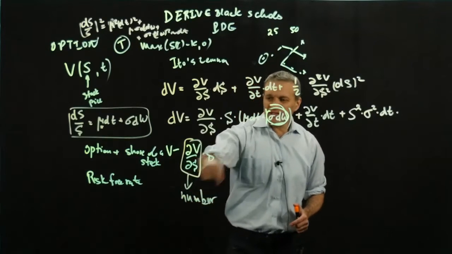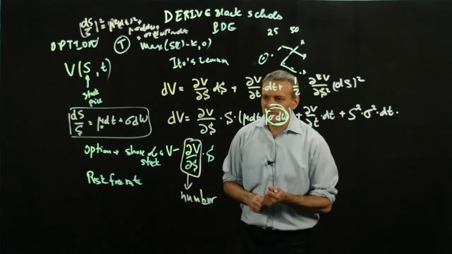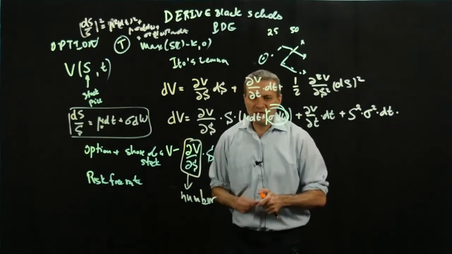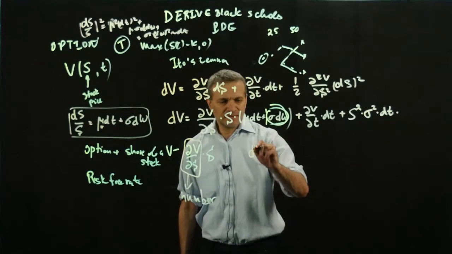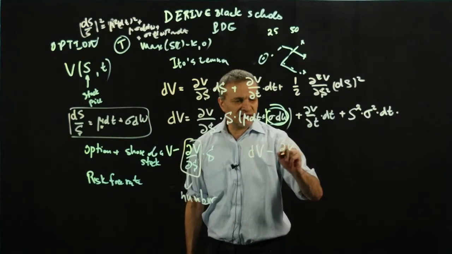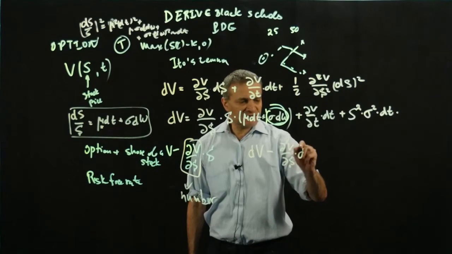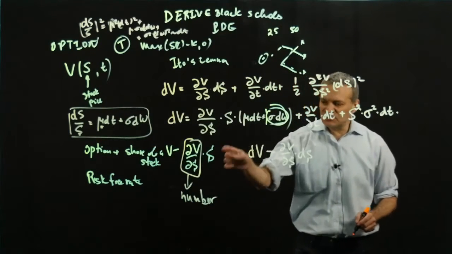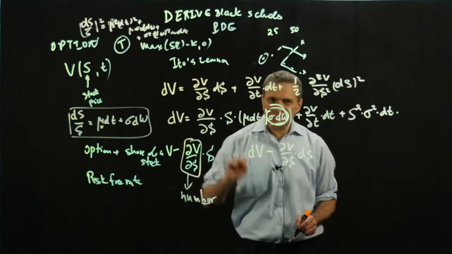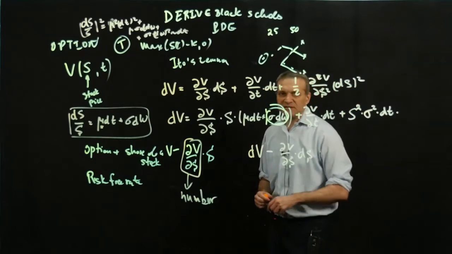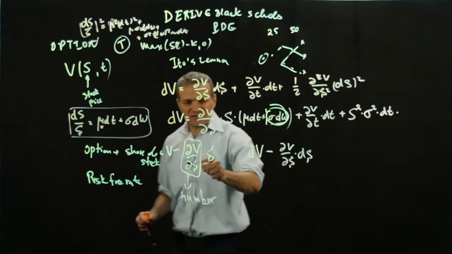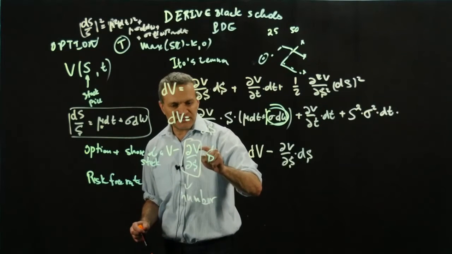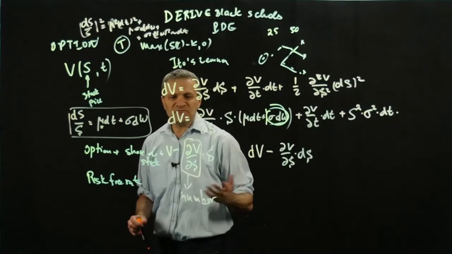Now, what is going to be the change in this portfolio? Well, we can calculate it. It's going to be dV minus dV/dS times dS. Why dV/dS? Because dV/dS is a constant number. We know what it is. It's basically the sensitivity of the option price to the movement of the stock.